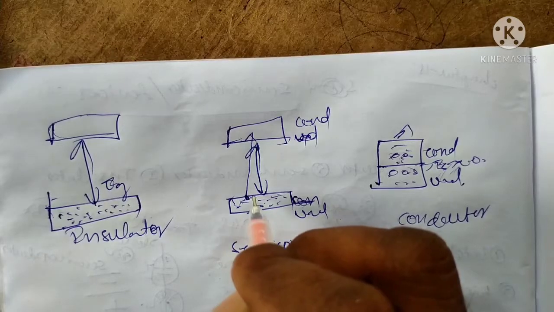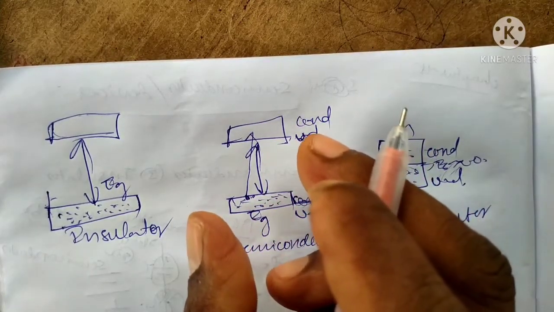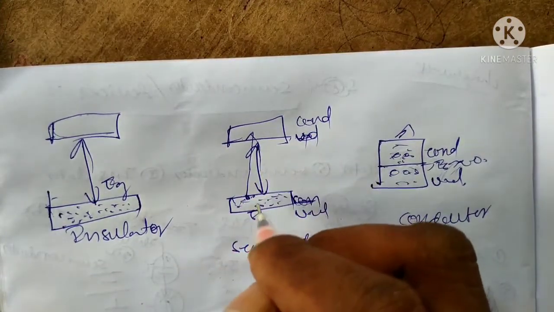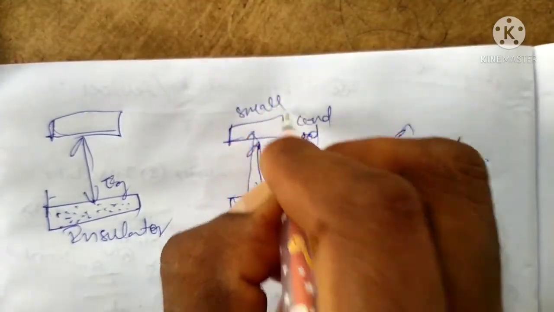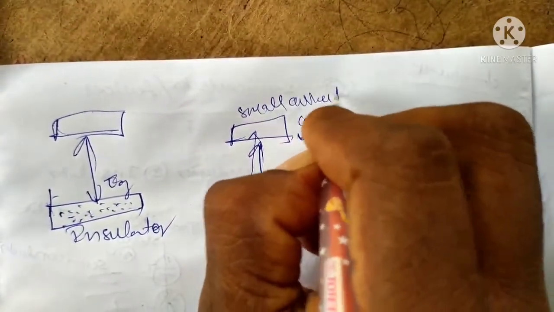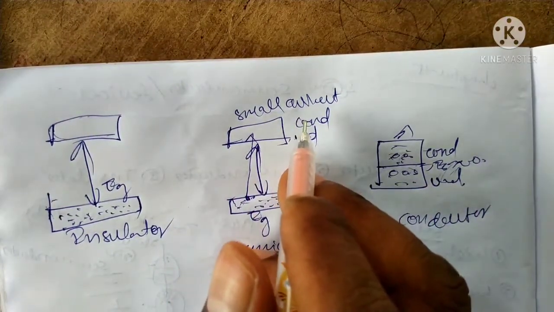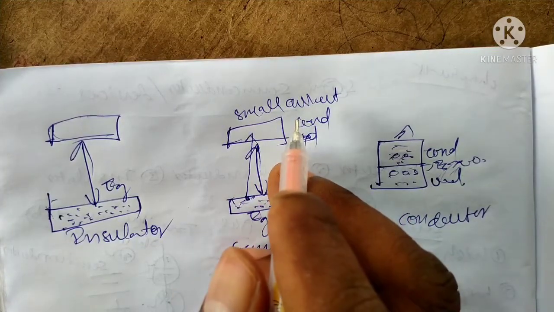The gap is small, so electrons can jump from the valence band to the conduction band, and there will be a small current, a partial flow of electrons.